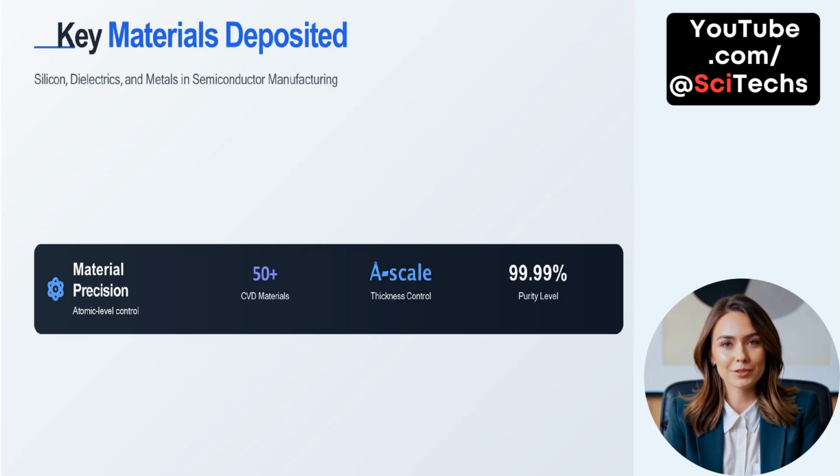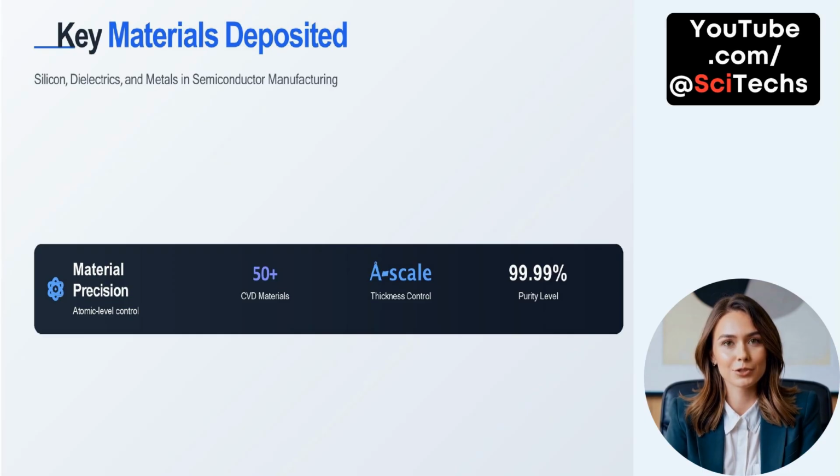CVD supports over 50 material types, encompassing a broad range of silicon, dielectric, and metal compounds. These materials serve roles ranging from gate control and interconnects to barrier layers and passivation. Thickness control reaches angstrom-scale precision, with each cycle capable of adding just fractions of a nanometer.